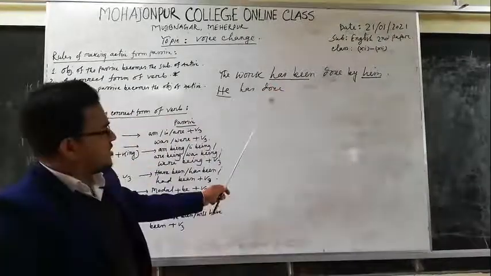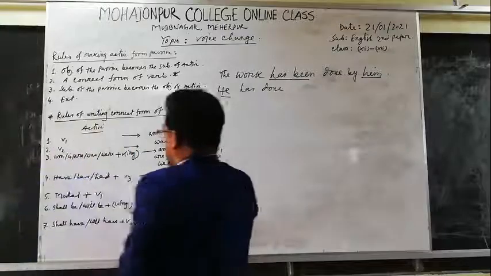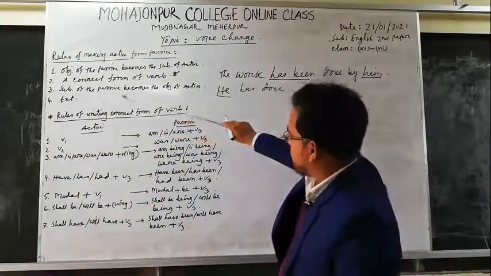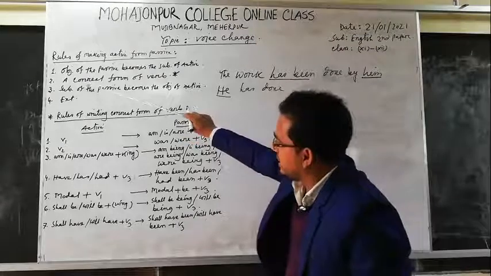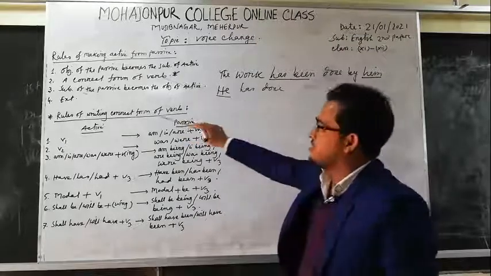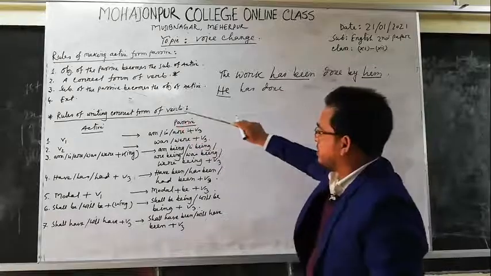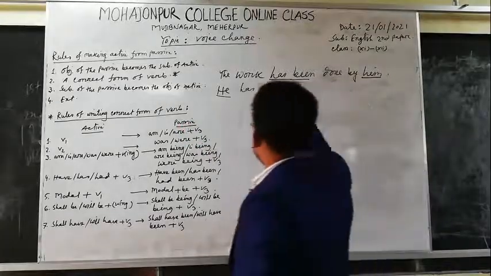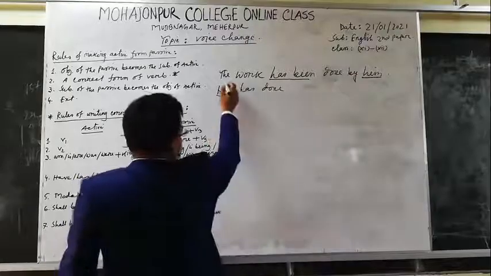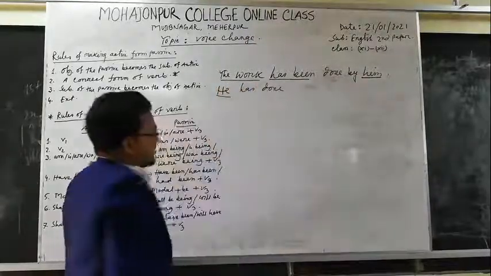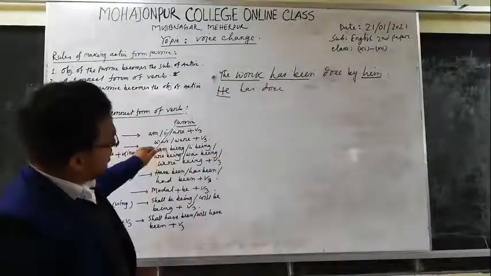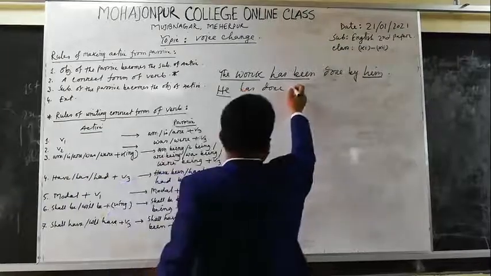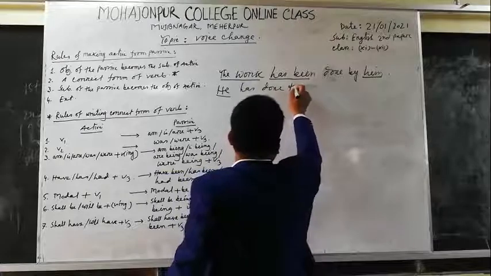He has done. And according to the rules, my dear students, at number 3, after making the correct form of verb, subject of the passive becomes the object of active. So here the work is the subject of this passive voice, and so we have to put the work here as an object.